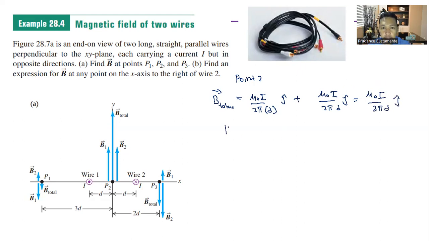So at point 3, the B total is equal to the contribution from wire 1, with a distance of 3D, from here to here.